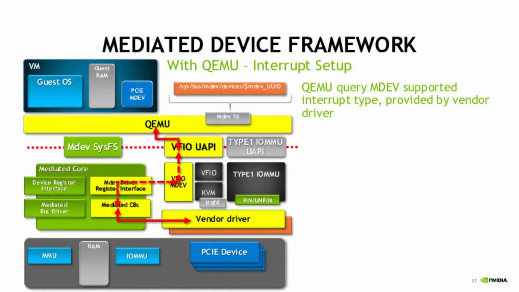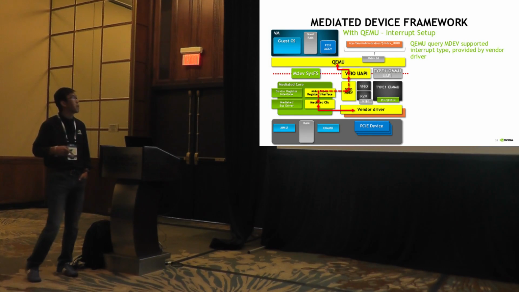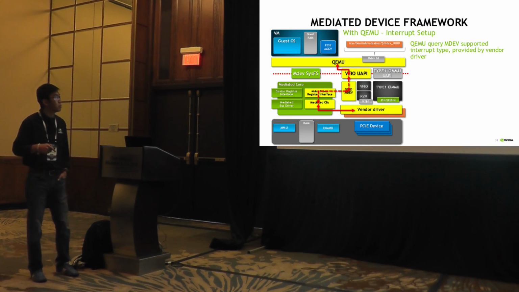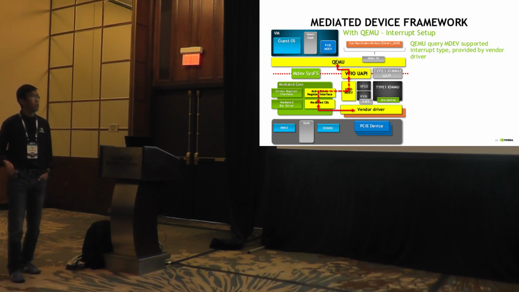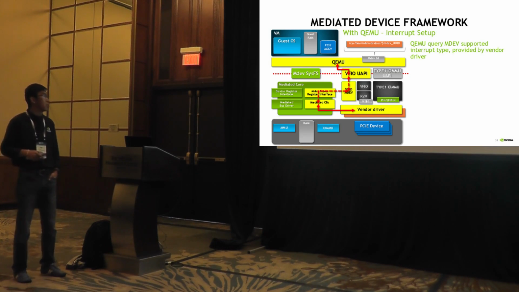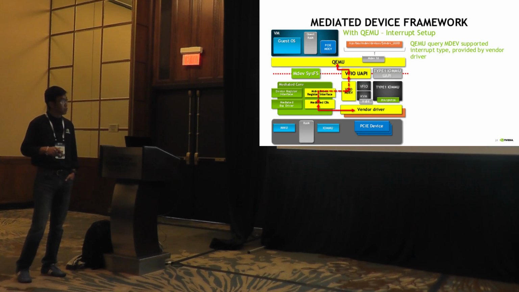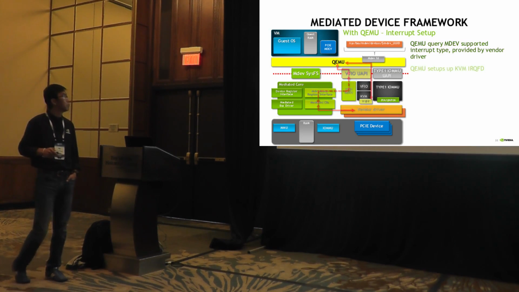So still, we go back to the initialization time. QEMU will query the device's supported interrupt types, like INTx or MSI or MSI-X, how many messages you support, or how many vectors you need, etc. This will be provided by the vendor driver.